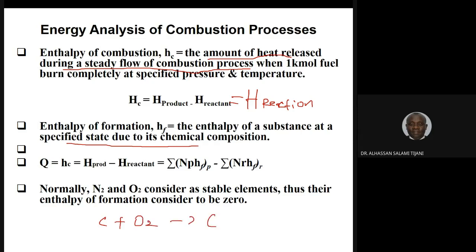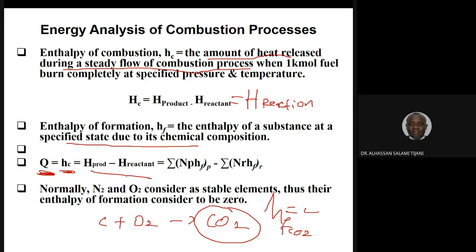We can define the amount of energy released in the formation of carbon dioxide, and we refer to this as h_f, the enthalpy of formation of carbon dioxide. This also you can get from the property table. In a nutshell, Q, the amount of energy released, is the same as the enthalpy of combustion, which equals the difference in the enthalpy of the reactant and the product.